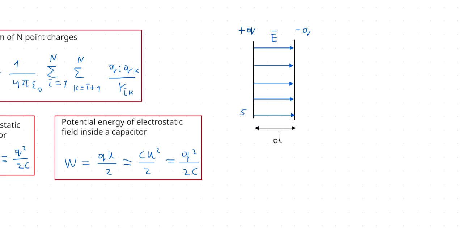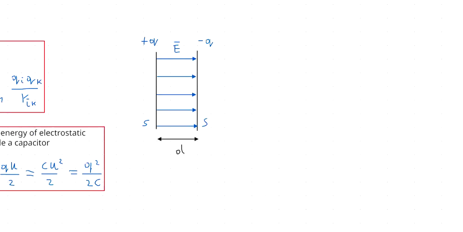Okay, so the energy of the electrostatic field inside this parallel plate capacitor is equal to W equals C U squared divided by 2, according to this formula.